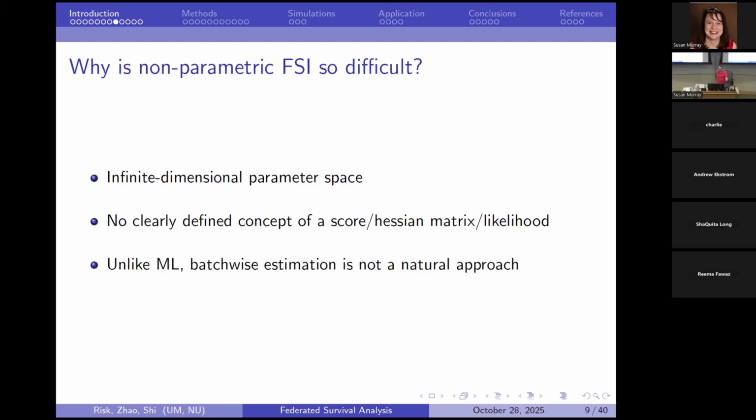So it's pretty easy to fit a neural network in a federated setting because neural networks already operate using processing of limited batches of data at a time in order to fit the model. And that makes things very easy in the machine learning case, whereas for something like a Kaplan-Meier curve, if you're doing it the typical way, you really need all of the data to be in the same place in order to construct the curve.